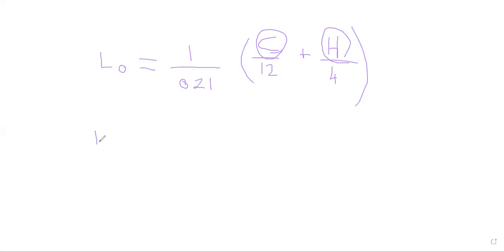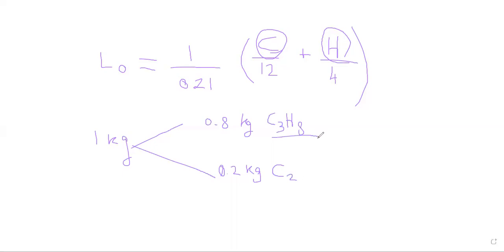I know that in 1 kilogram of my fuel, I have 0.8 kilogram of C3H8 and I have 0.2 kilogram of C2H6. So carbon here has two sources: a part coming from C3H8 and a part coming from C2H6.